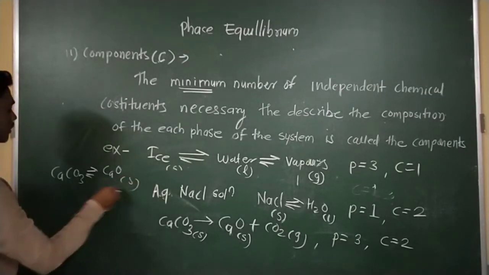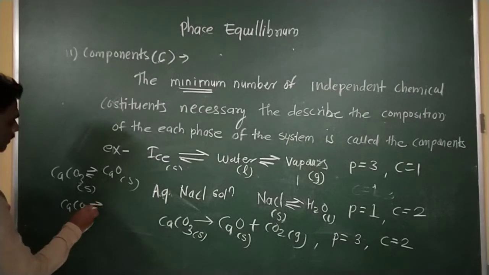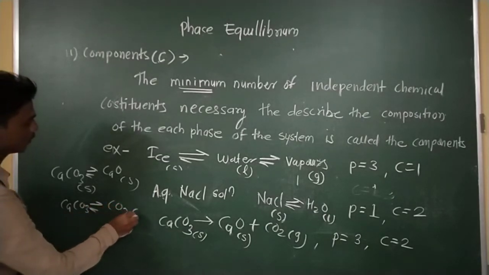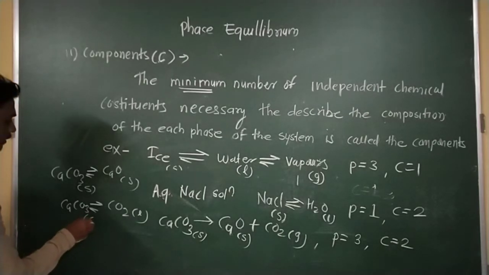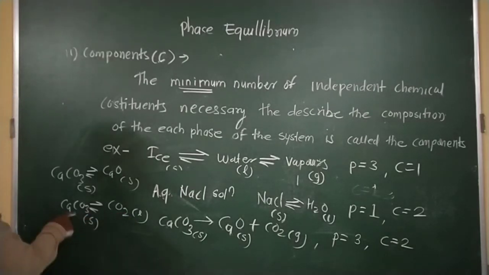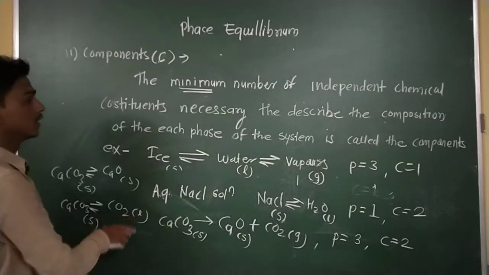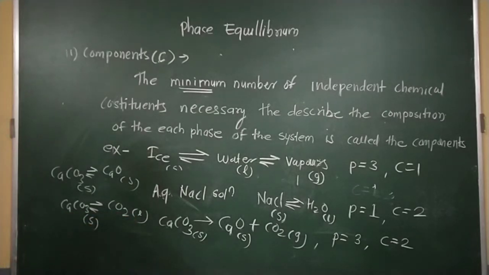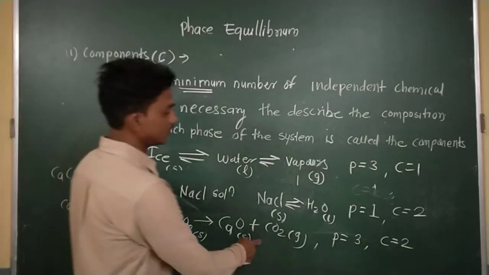These are also solid. If I write it like that, in equilibrium with CO2 liquid, these are two phases: this is the solid phase and this is the liquid phase. So these two chemicals are sufficient to describe the composition of each phase, that means the solid phase and the liquid phase. So this is the two phase.